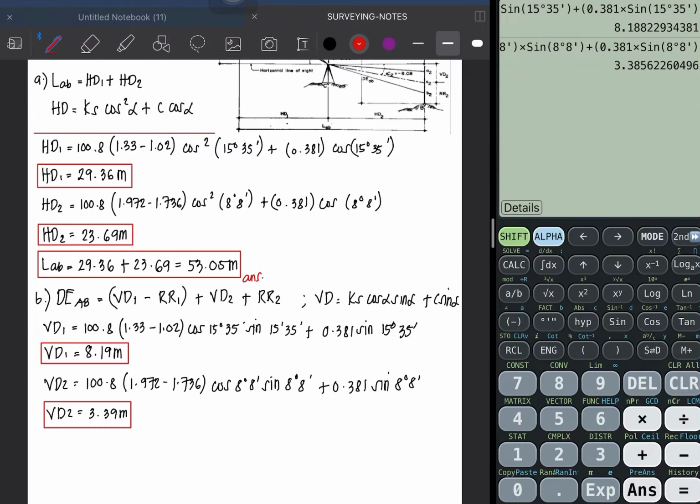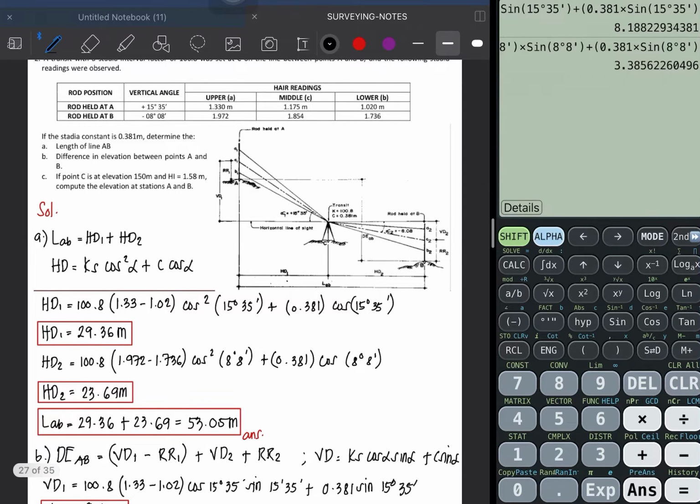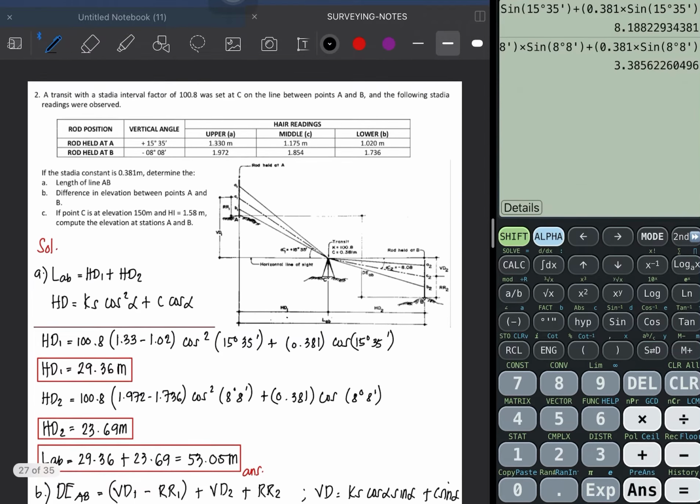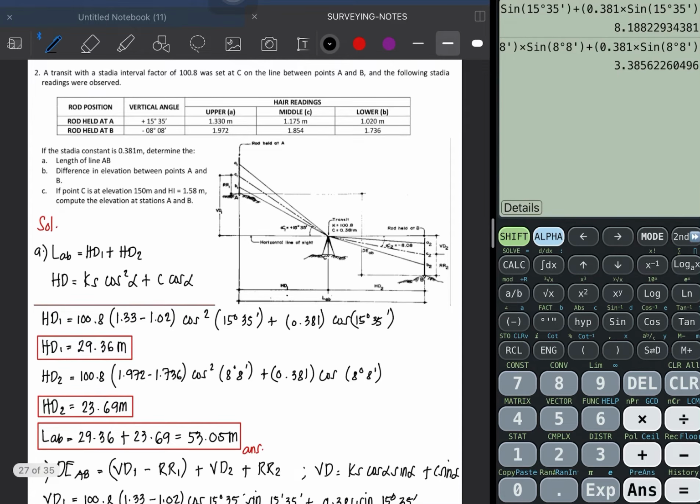Okay, so let's solve for the difference in elevation. So the difference in elevation of line AB is equivalent to VD1, which is 8.19, minus R1. How much is our R1?